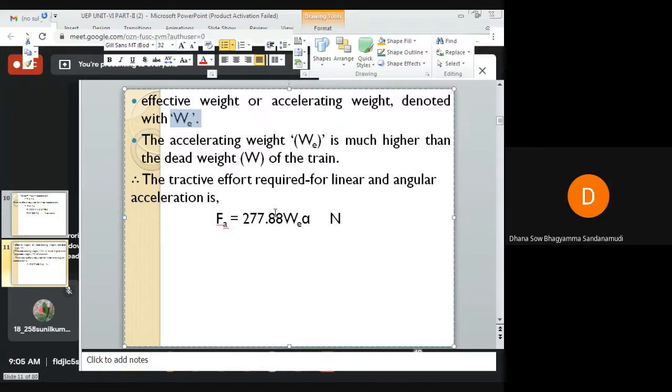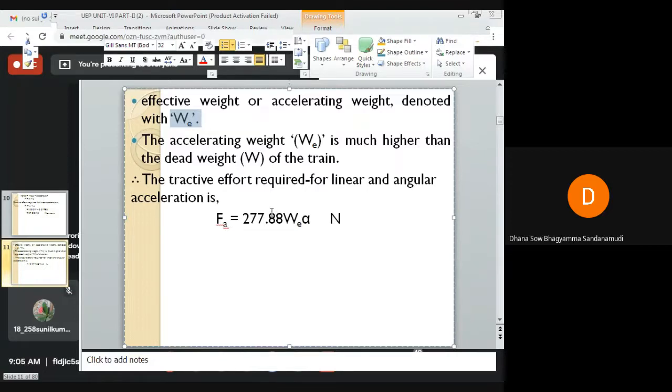The accelerating weight will be much higher, around 8 to 15% higher than the dead weight of the train. Let us denote the dead weight by W and the effective weight by We.